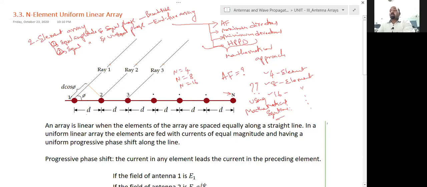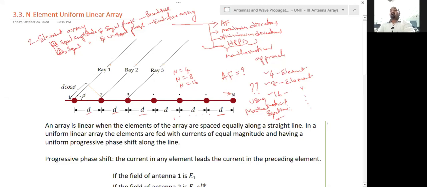All the elements are spaced equally, here d, here d, here d, and so on. Whatever the procedure we followed in the two element array, the same procedure I'm following here, so there is no difference in the procedure.